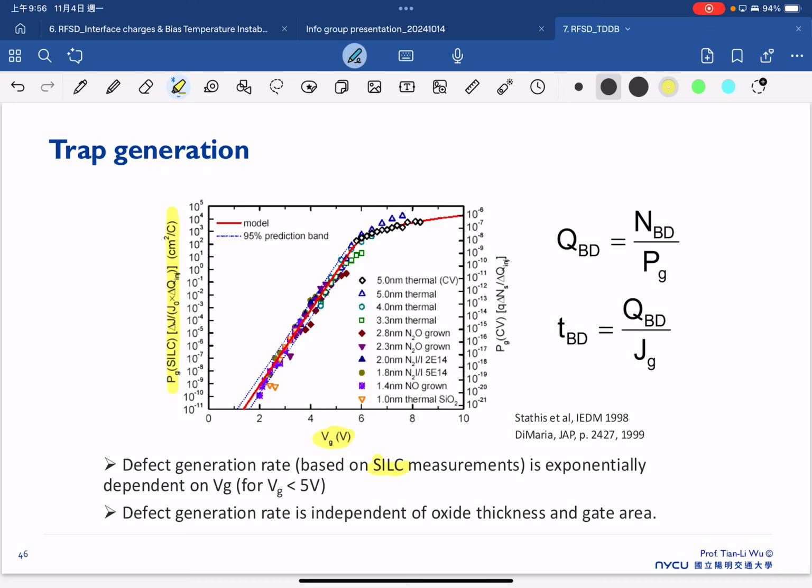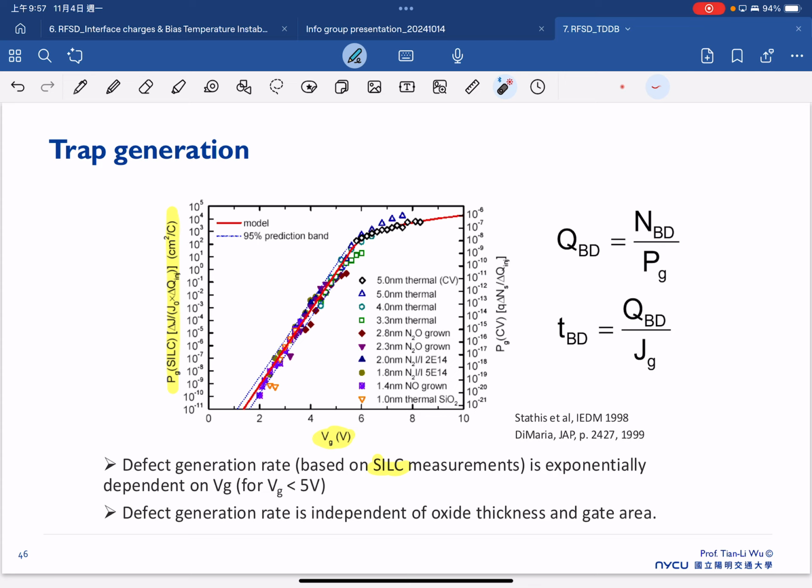Based on the SILC measurement, we can calculate the defect generation rate, and we found that the defect generation rate is exponentially dependent on our gate bias. In the case of gate bias below 5 volts, the exponential increase is also a very serious concern.